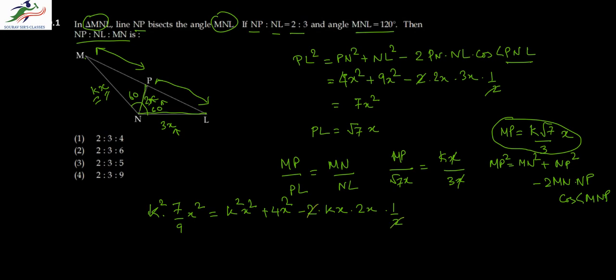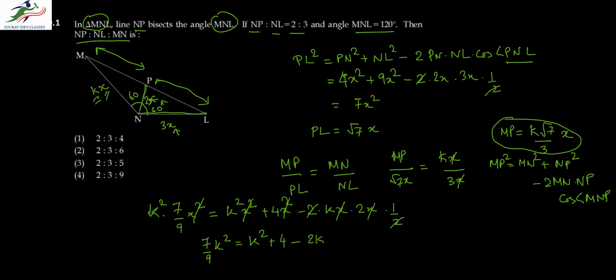So we get from here this, and we notice that x square is a common term, so we can cancel x square throughout, and we get a simplified equation of 7 by 9 k square is equal to k square plus 4 minus 2k.